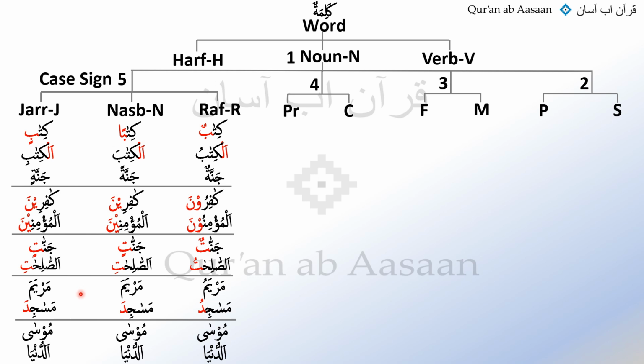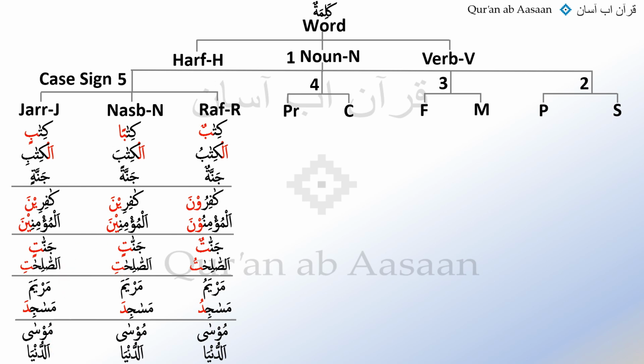It is going to be the single most helpful resource for you to correctly determine the case sign of any noun. Whenever you pick any word from the Quran, and you are unsure of the case sign of that noun, you'll match it with one of the categories in this chart, and this will help you to be sure of what the case sign of that noun is. Alhamdulillah. I think enough of this chart for today.